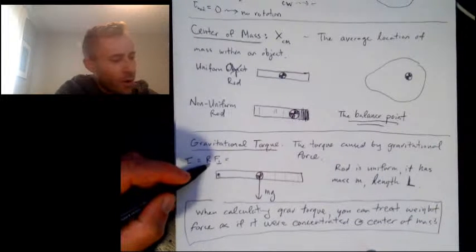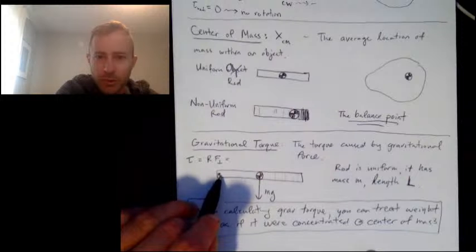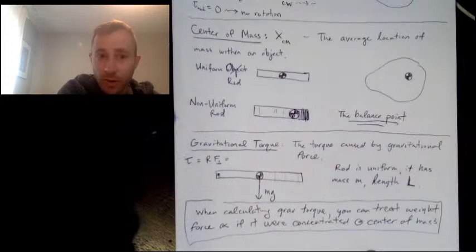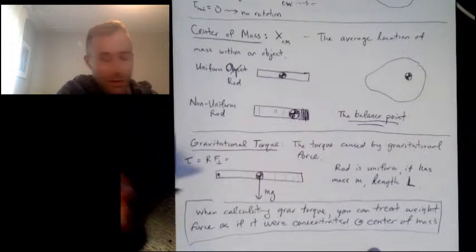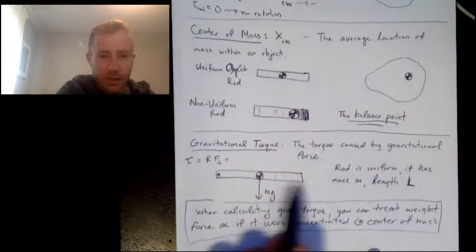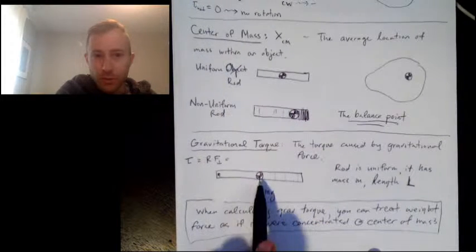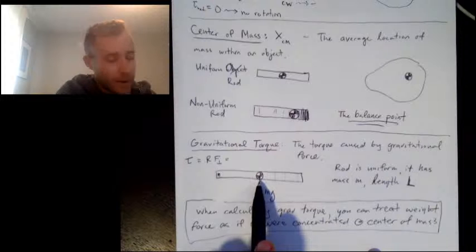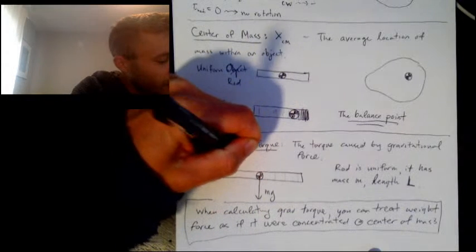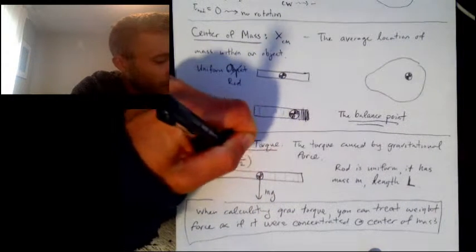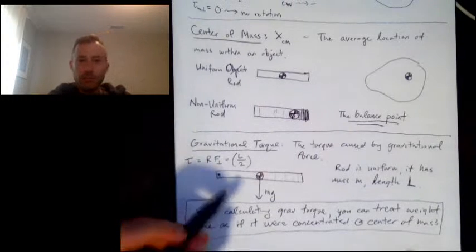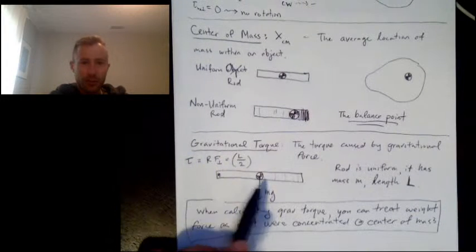So what is the R value? What is the distance between the pivot point and where the gravitational torque is acting from? Well, because this is a uniform object, the center of mass is in the center, which is going to be L over 2 from the pivot point. So L over 2 is going to be our distance.